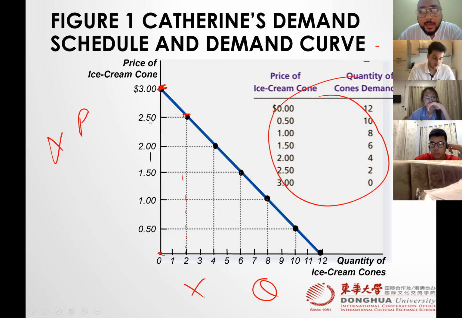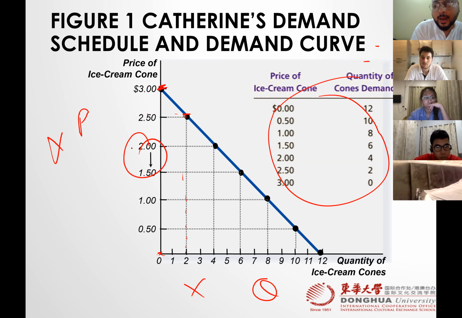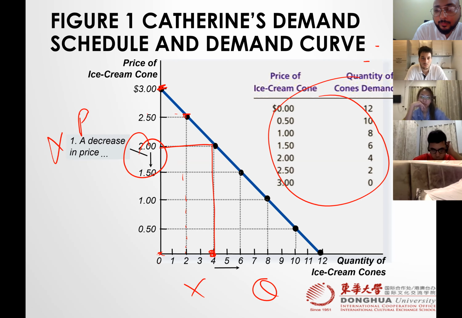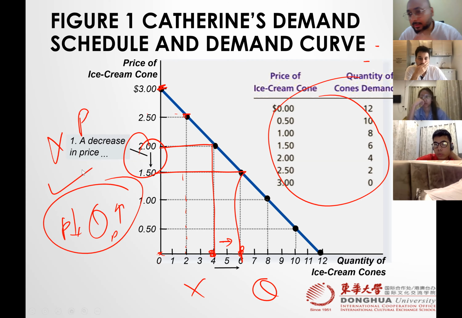Okay, right? So now the question is whether this curve follows the law of demand or not. You see, price decreased from 2 to 1.5, and the quantity increased from 4 to 6. So price decreases, quantity demanded increases. So it follows the law of demand. Correct.